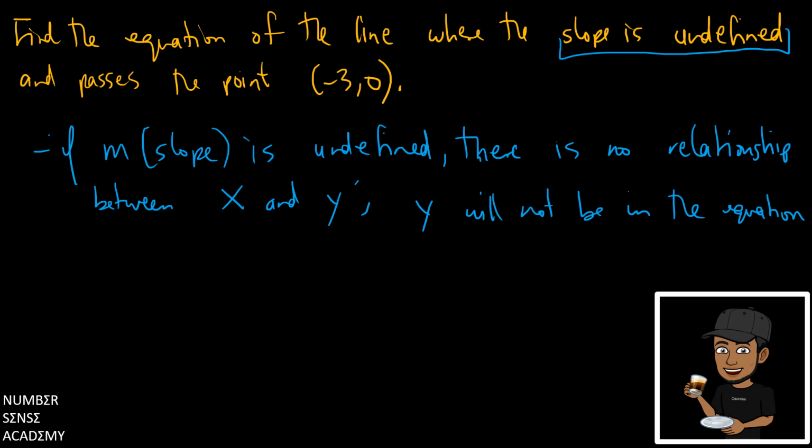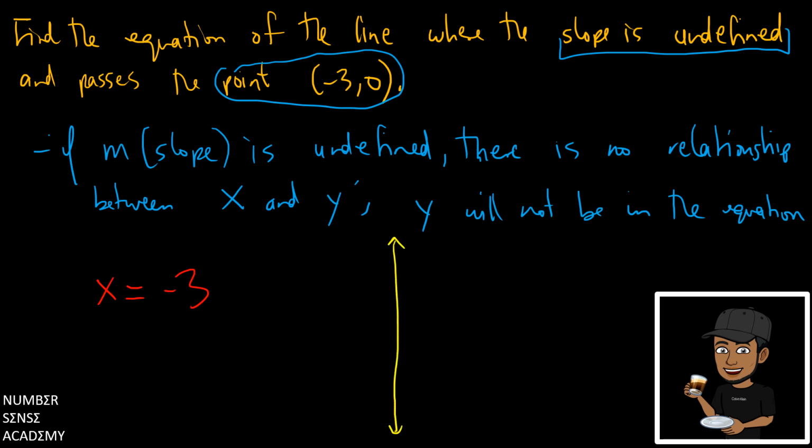Essentially, when you have a situation like this, you grab the point, you take the x value and you just say, well, x is equal to -3, and that's the entire equation. And what does it look like on a graph? So x is -3.